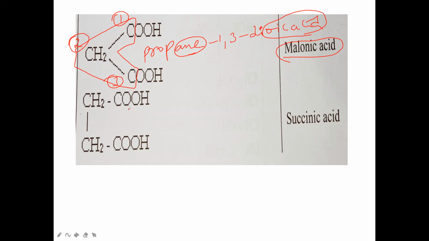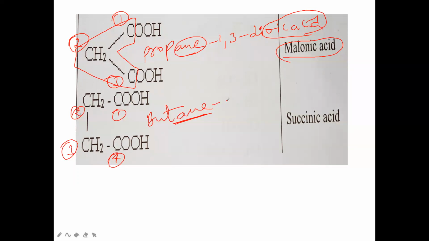Next, if you take this molecule now, here you give numbering: first carbon, second carbon, third carbon, and fourth carbon. Totally 4 carbon atoms. 4 carbon atoms indicates what now? But. And between the carbon atoms, all are single bonds, right? That's why ANE. Here again COOH and COOH, the same group, is repeated 2 times. So butane.